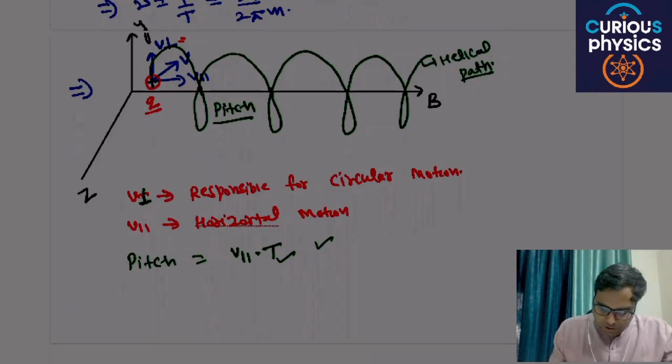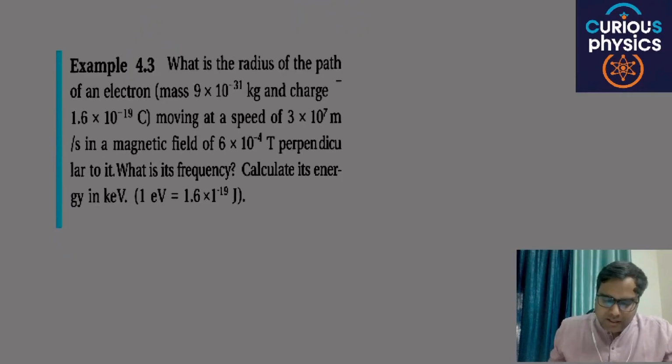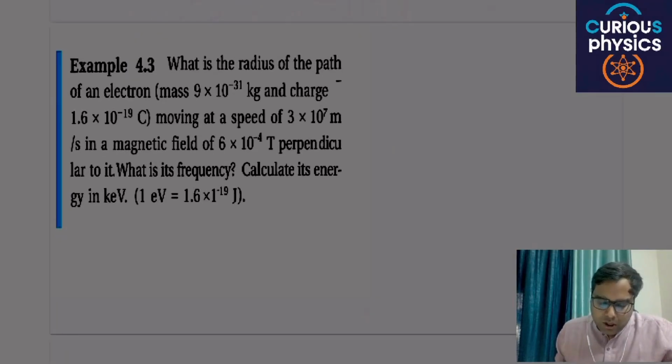Next example is related to this. What is the radius of the path of an electron moving at a given speed in a magnetic field?